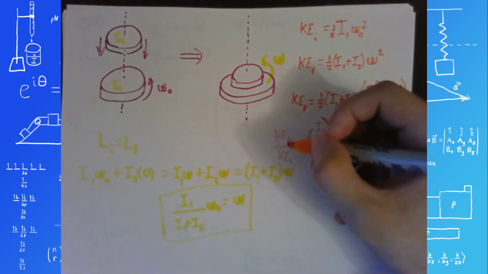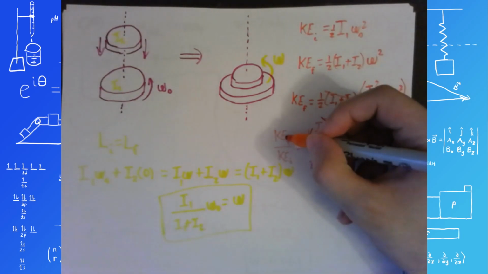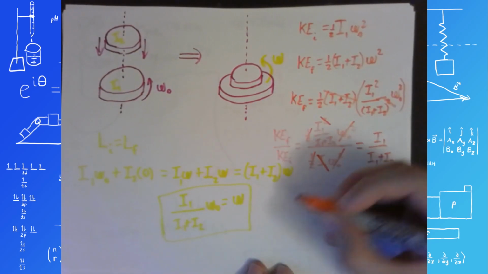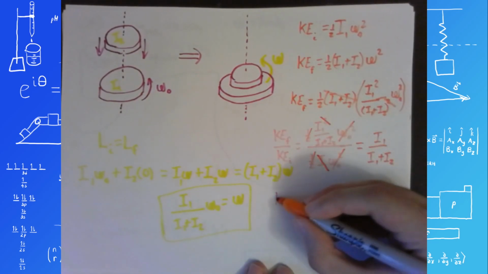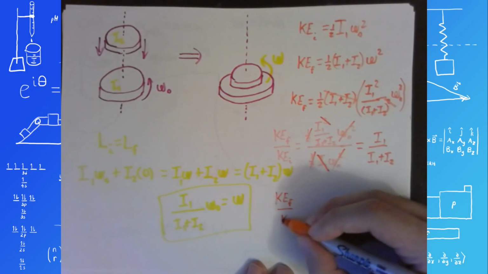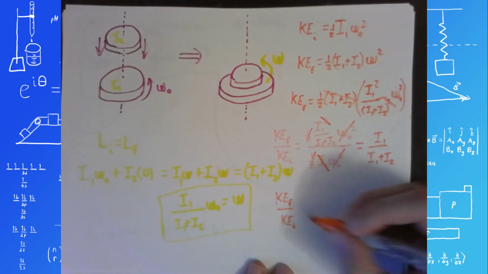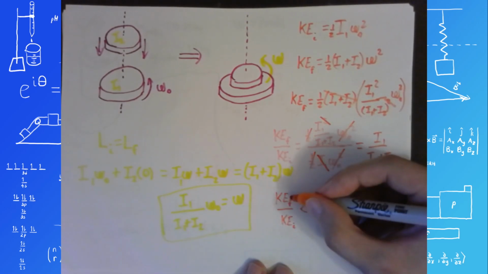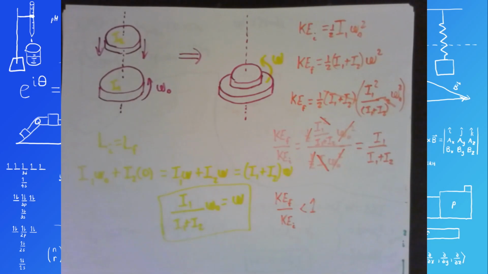Okay, so all we need to do to prove that kinetic energy final is less than kinetic energy initial is show that KE final over KE initial is less than 1. If this ratio is less than 1, then the thing on the top must be smaller than the thing on the bottom.